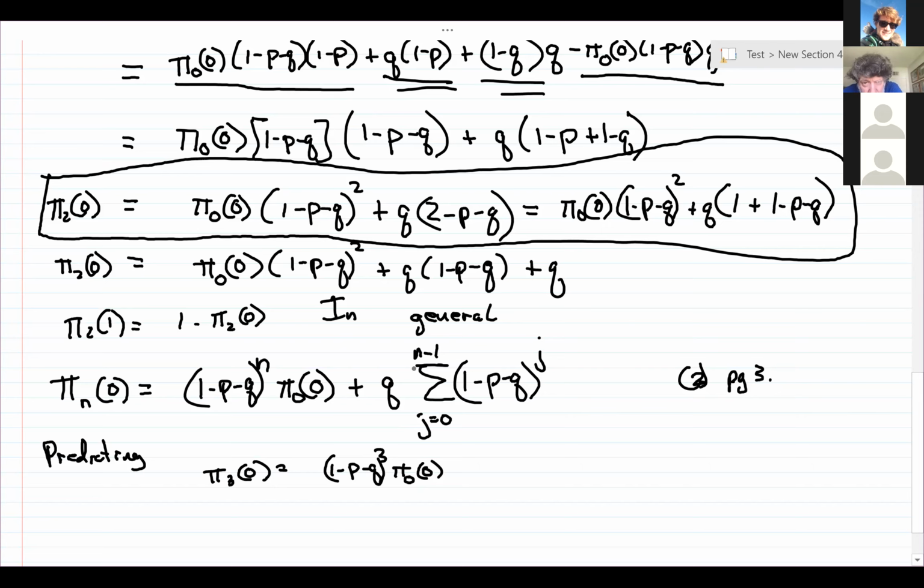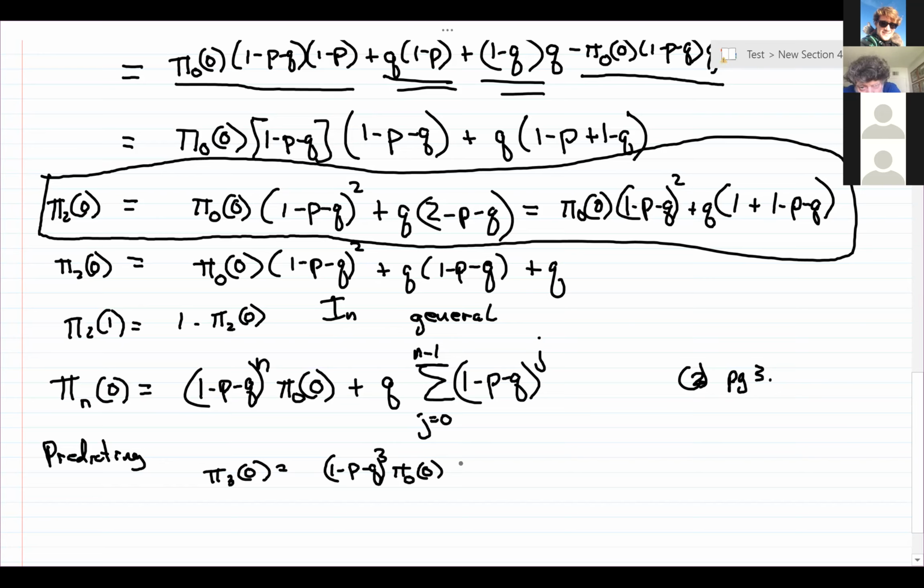times pi 0,0. And then it's saying that basically take what you had for 2. So all you've done here is multiply everything through by 1 minus p minus q, I think. Let me make sure that's true. So if you just multiply everything through by 1 minus p minus q, this becomes this.